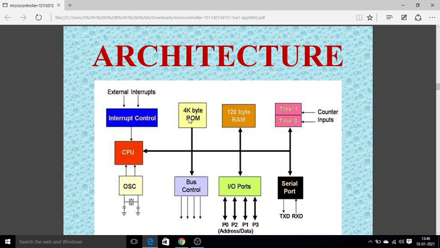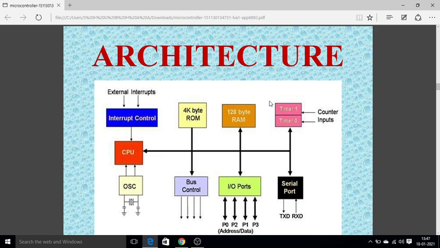so that the total code memory or program memory for the 8051 is about 64 kilobytes, and the total data memory, on chip and off chip, is about 128 bytes on chip, and off chip one more 128 bytes, so the maximum data memory is about 256 bytes. It also has two timers, timer 1 and timer 0.